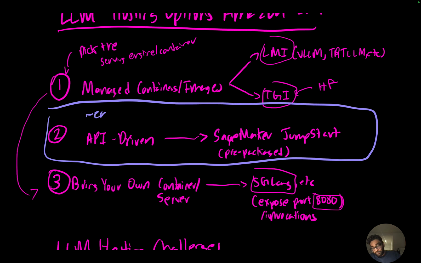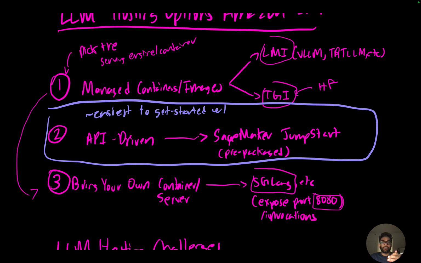And this is the easiest to get started with, because what will happen is you'll simply specify your LLM, let's say Llama, and within JumpStart, there are predefined compute and container options chosen for you. So there are existing benchmarks that have already happened in terms of which serving engine is best here, and what is the compute type that I need to be able to host a model of this size.